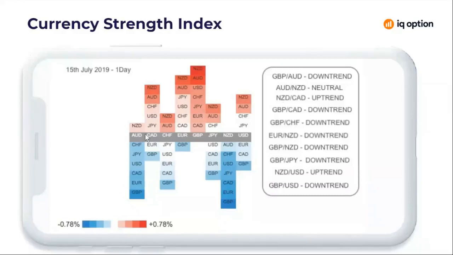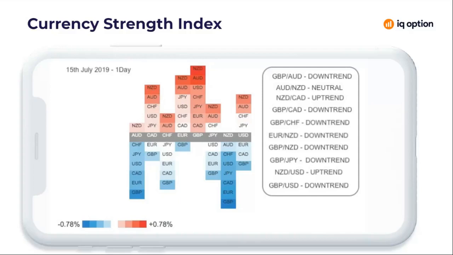AUD NZD. Let's go to the currency strength index, AUD NZD. Neutral. Why did I put neutral? It's not a dark red. It's not something that indicates and shows something strong. Let's go to the following one. NZD Canadian. Let's go to our Canadian base and let's go to NZD.